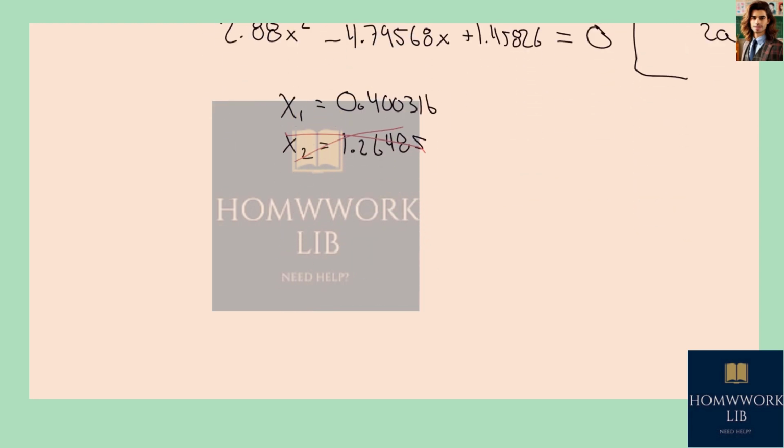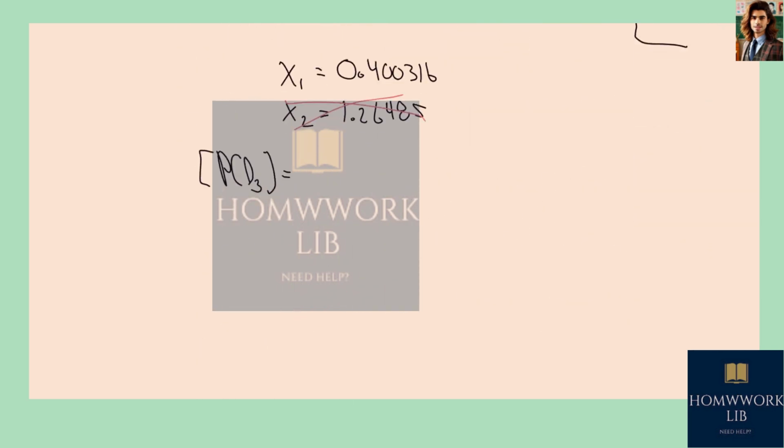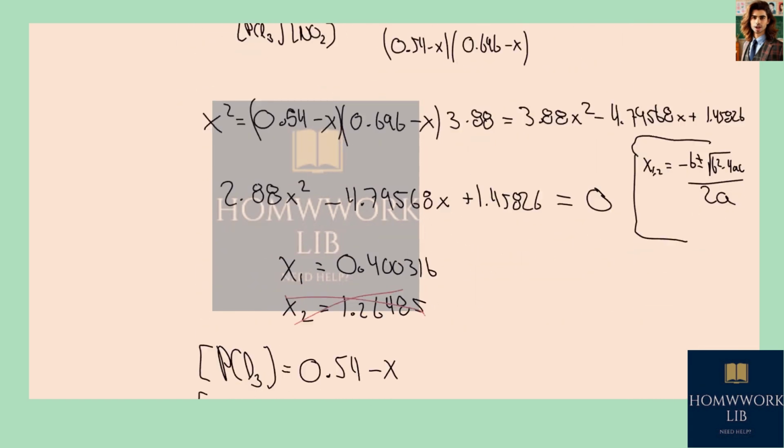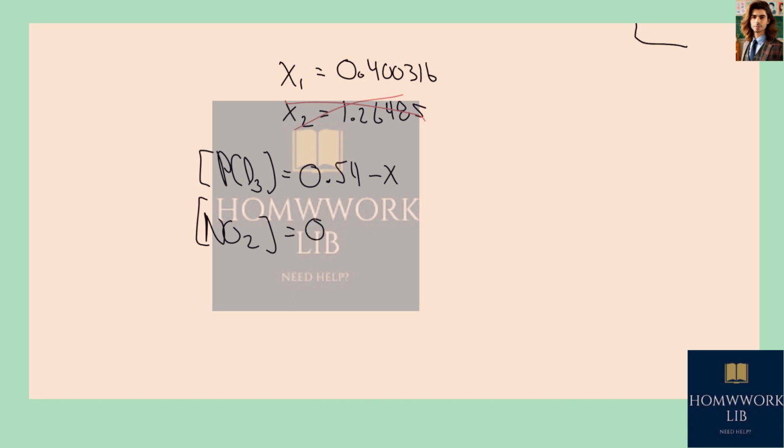Thus, employing this value of x, the concentration of PCl3 is 0.54 minus x, the concentration of NO2 is 0.696 minus x, and the concentration of the products POCl3 and NO, which are the same value, is equal to x.